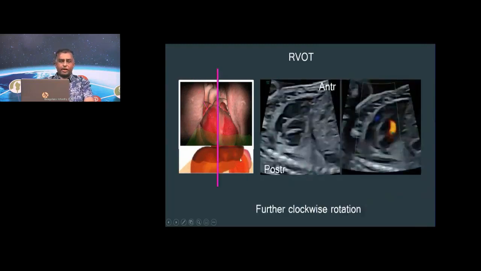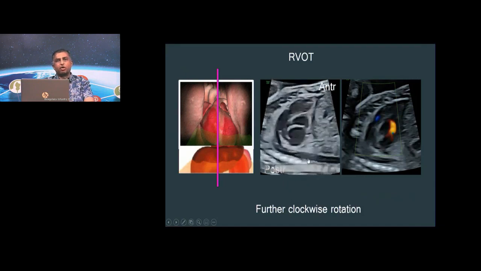Now, from 45 degrees, when I go to mid-sagittal, another 45 degrees, which totals up to 90 degrees from your axial, you get your RVOT. And RVOT is a mid-sagittal view almost.